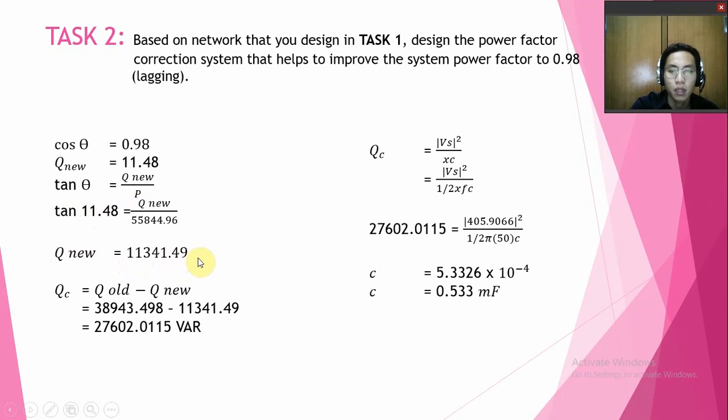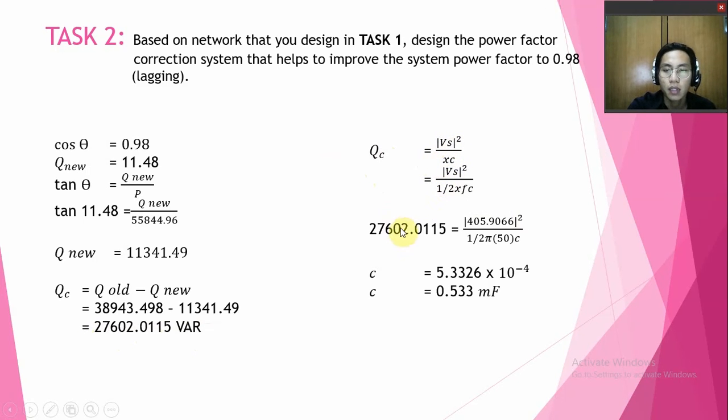we get the Q new, the new reactive value, which is 11,341.49 kilowatt. To find the QC, which is the Q load, the reactive load, minus the reactive new, we get the value 27,602.0115 volt-ampere reactive. From this value, we can find the capacitor value that we need by using the formula QC equal to voltage supply squared divided by XC.